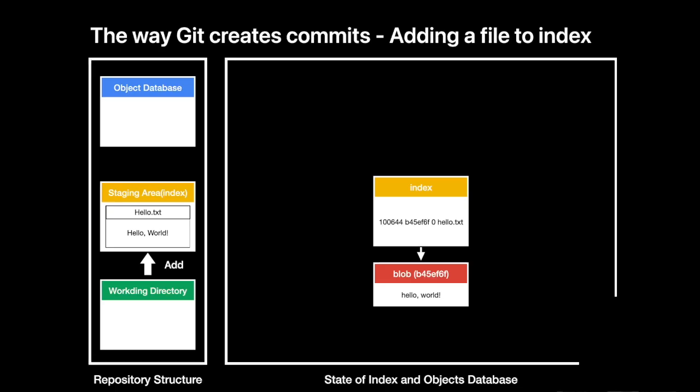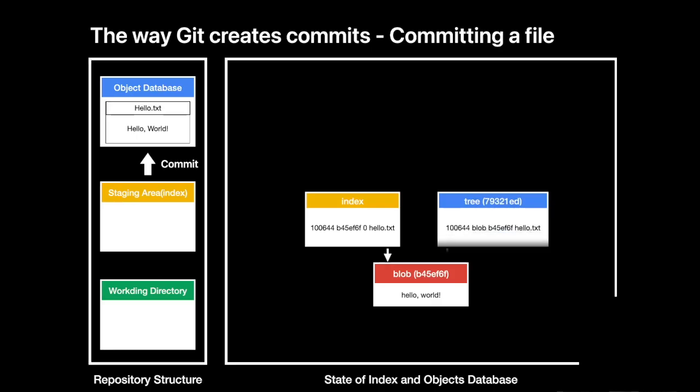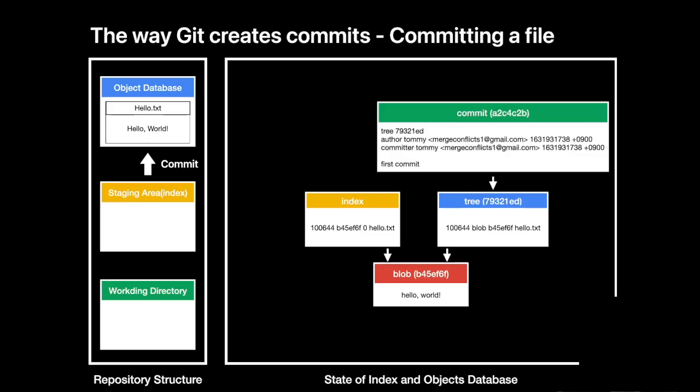This result shows that a blob is created at the point when changes are added to the index, before they are committed. This diagram shows the state of the index and the object database after the hello file in the index has been committed to the object database. When a commit is performed, as shown in the blue area of the right diagram, a tree object is created from the index, and a commit that points to this tree is generated.